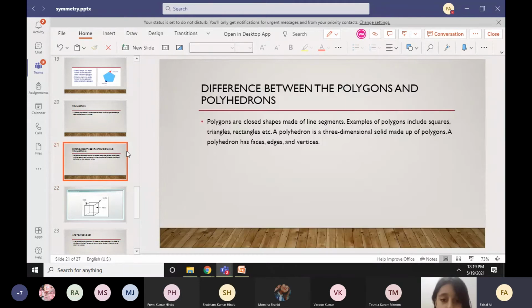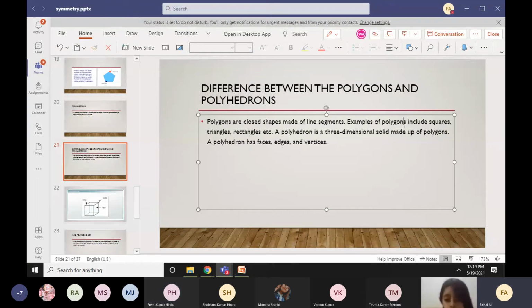So here is the difference between the polygon and polyhedron. Polygons are closed shapes made of line segments. When we join lines together, it becomes a polygon. And when we join polygons, it becomes a polyhedron.